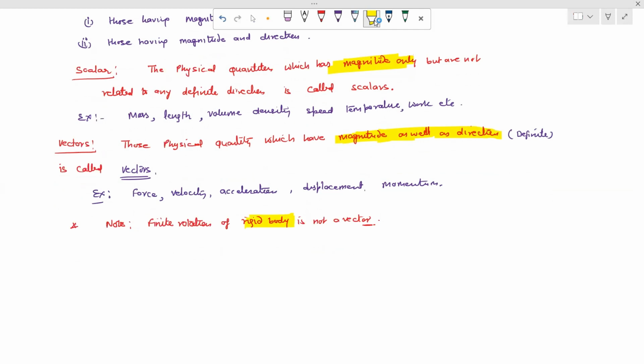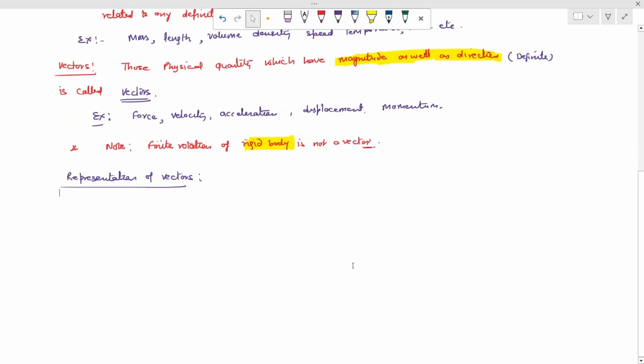Now, after understanding the definitions of vector and scalar, we move to the representation of vectors. How to represent vectors?